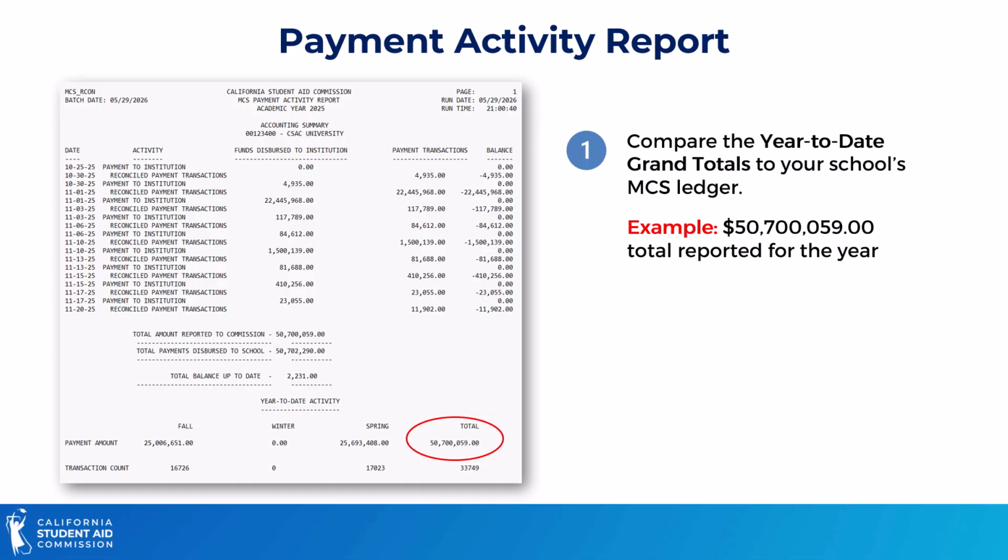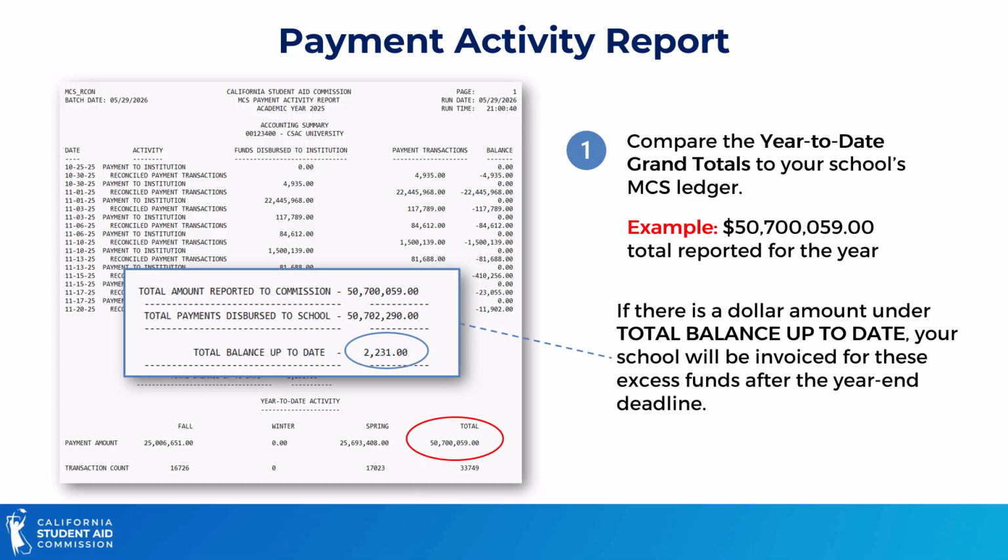Step 1 involves running the payment activity report in Web Grants and comparing to your school's MCS ledger. In this example, the total reported in MCS payments for the year at this school is $50,700,059. If your school has a balance between the amount reported to CSAC and the payments dispersed to your school, your report will show a total balance up to date.